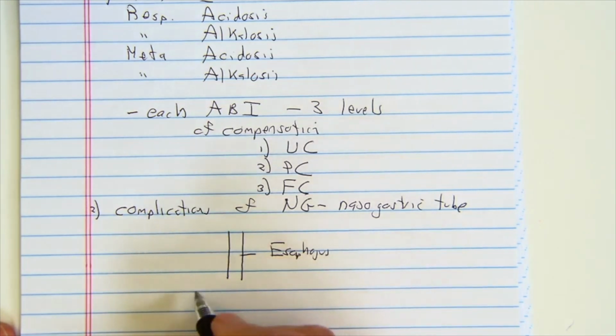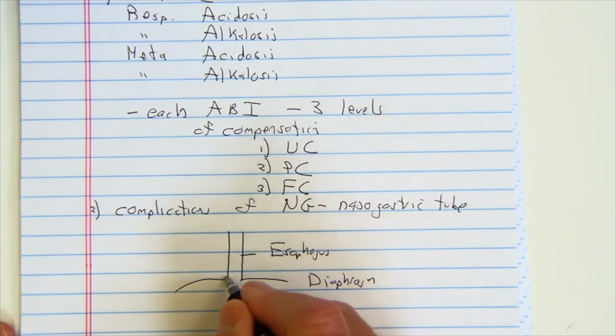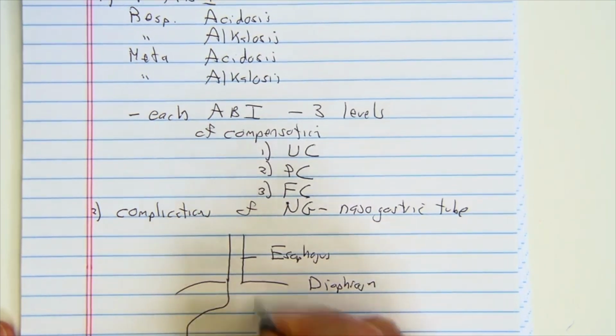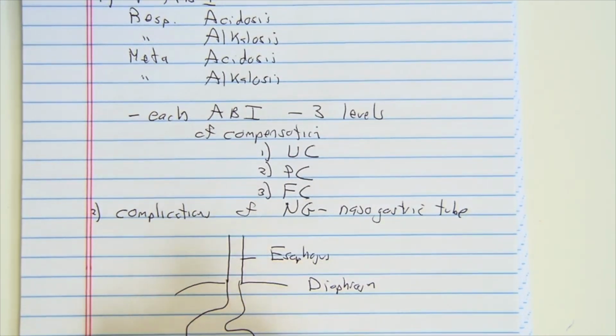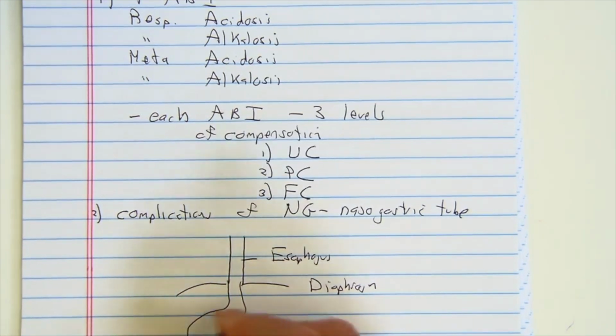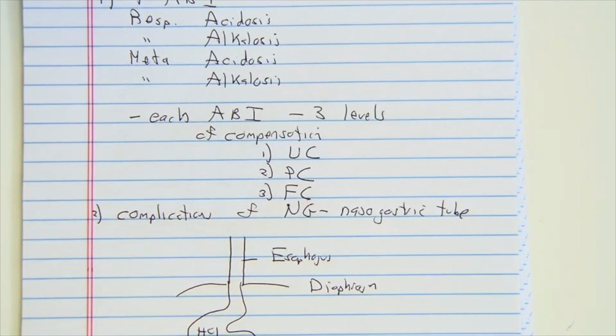The esophagus then is passing through the diaphragm, through the hiatus, and then it's going into the stomach. So if this is my stomach, and of course we know the stomach has hydrochloric acid in it. Remember, hydrochloric acid in the stomach has an approximate pH of 2, so it's very acidic.